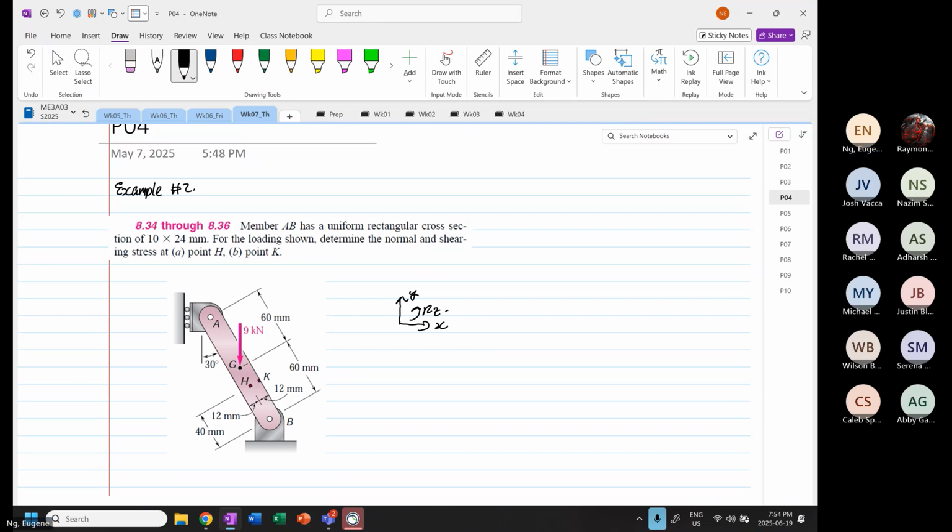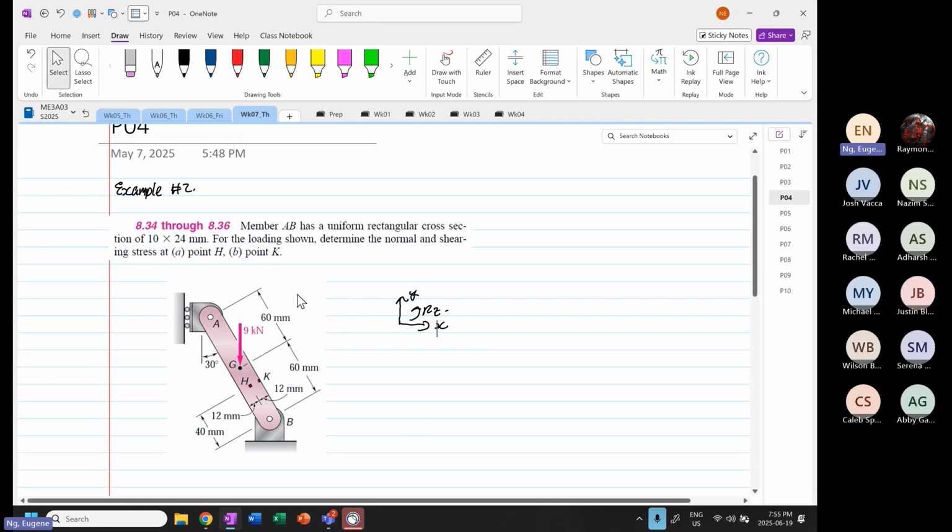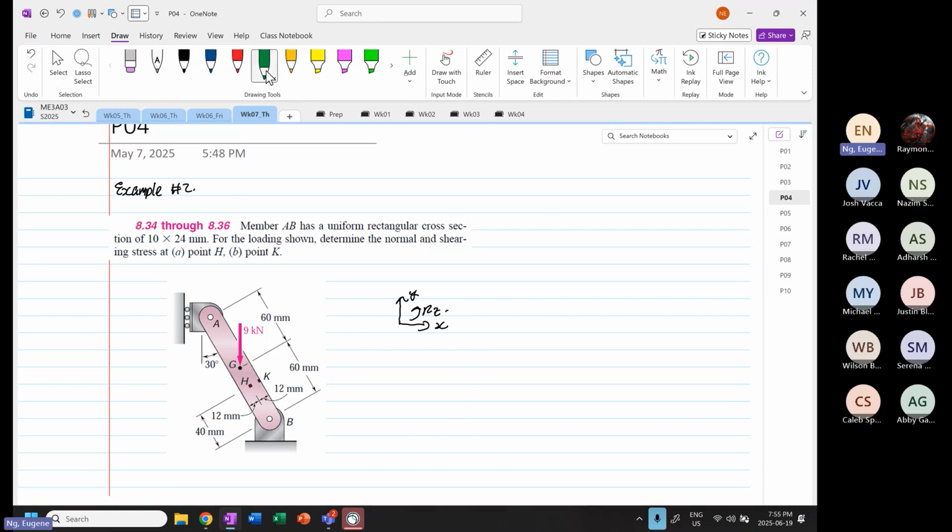Okay, the best practice for doing this is the first thing we draw. We are going to sketch the centroid of interest. So the element H and K is where we want to find the stress. So the centroid that is relative to the element is this.